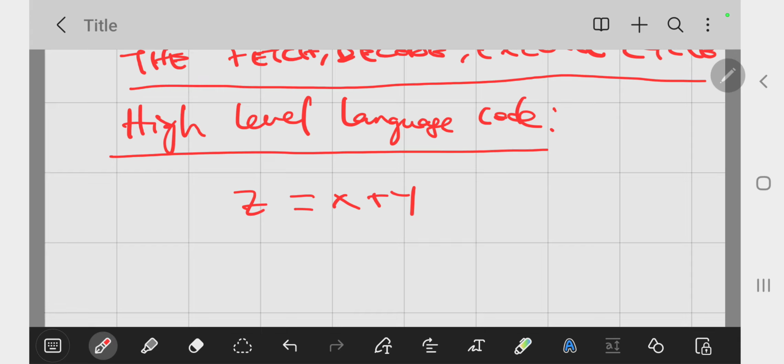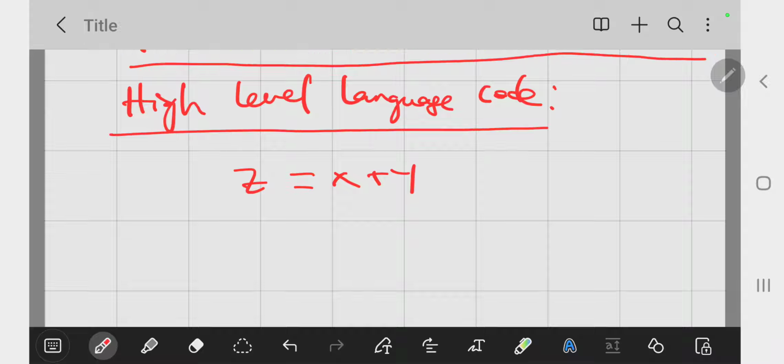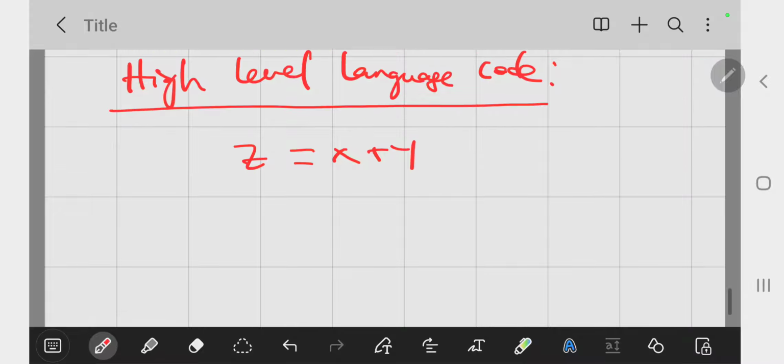I know it sounds a bit fancy, especially if you're not much into programming, but it's just for the purpose of this example. Take x, add y, and store the result in the variable called z. This makes sense because, like I've said, it's a high level language code. It's been written in such a way that you can look at it and make sense of it.